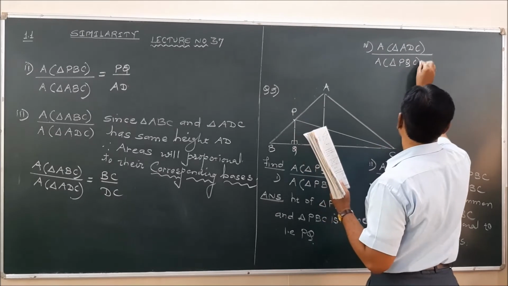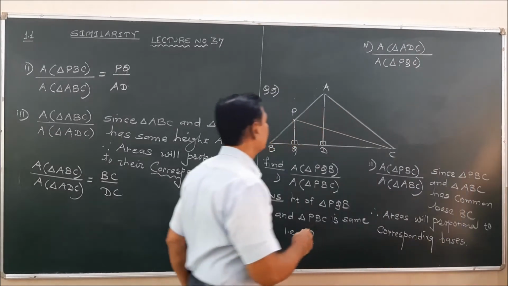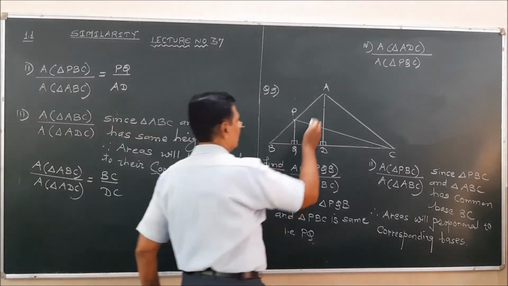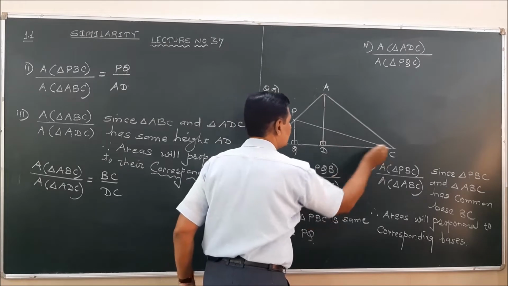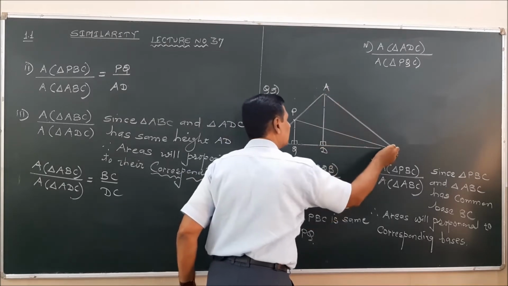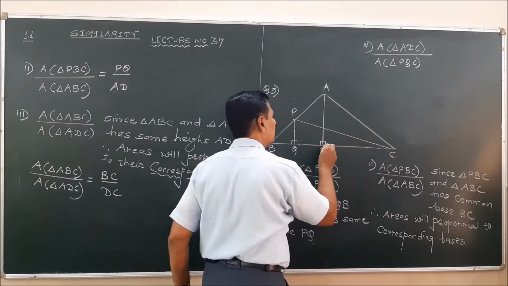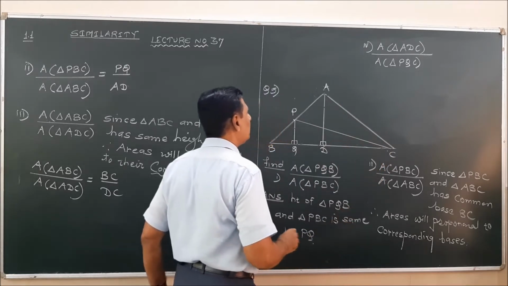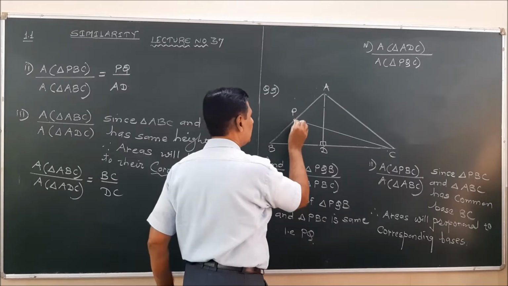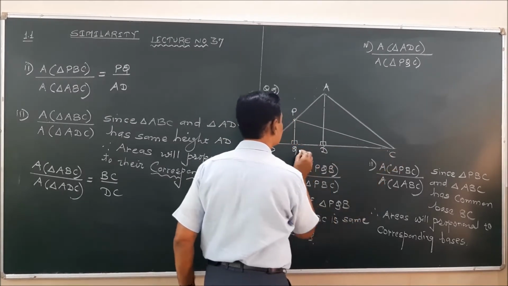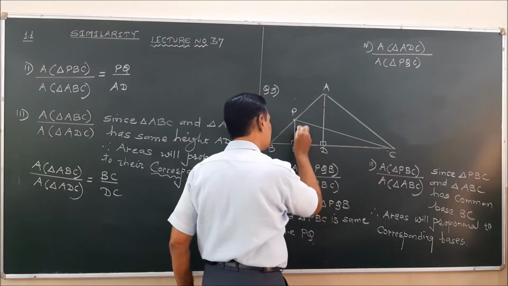No problem. Please look at the figure. ADC: height is AD, base is DC. PQC: QC is a base, PQ is a height.